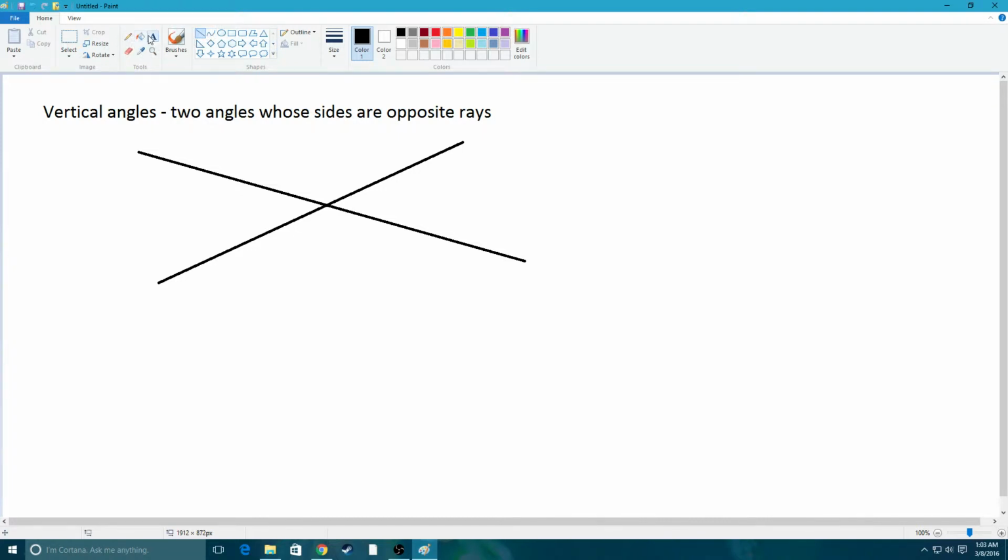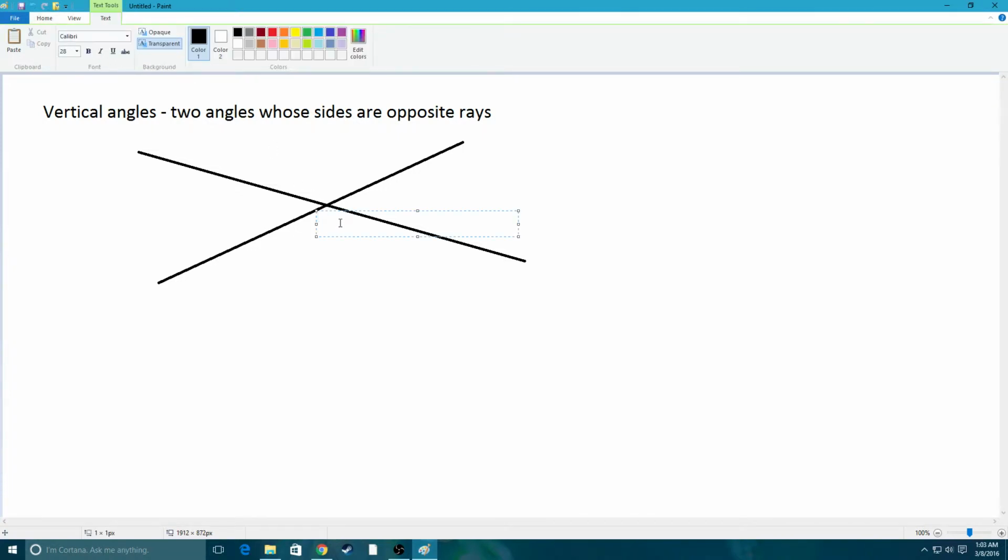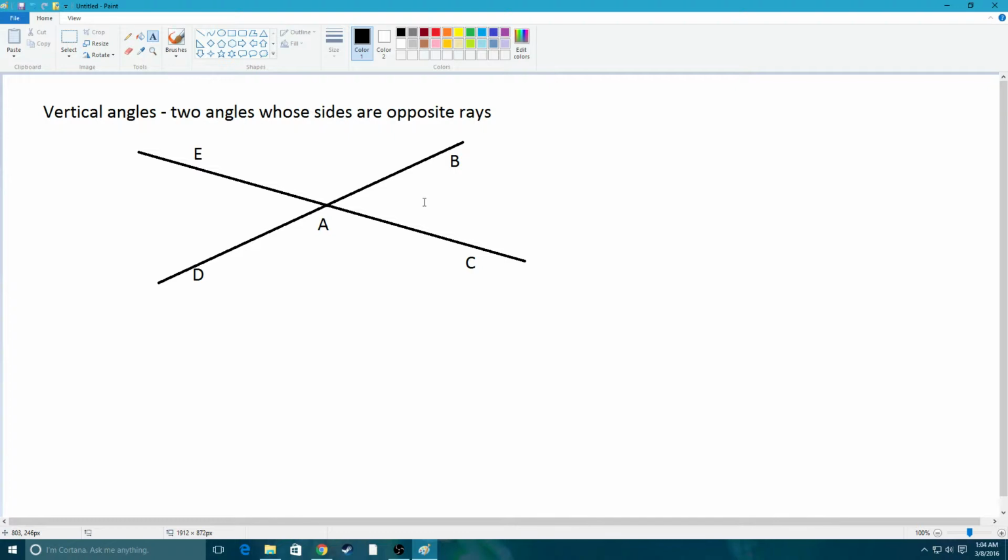We'll call this guy A. We'll call this out here B, C, D, and E. Actually, it'd probably be better just to name these by a number. So here's 1, here's 2, 3, and 4.